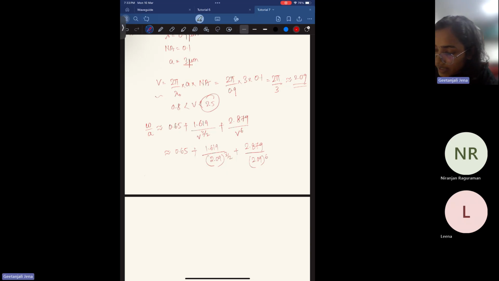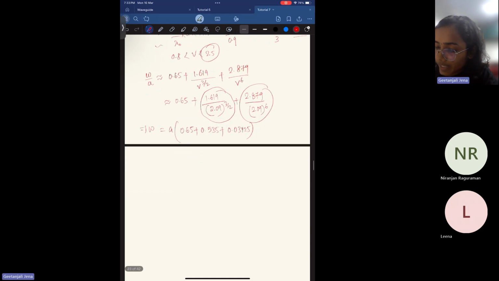So if you calculate it, W is a times 0.65, plus this will come around 0.535, and this one will come around 0.0342.